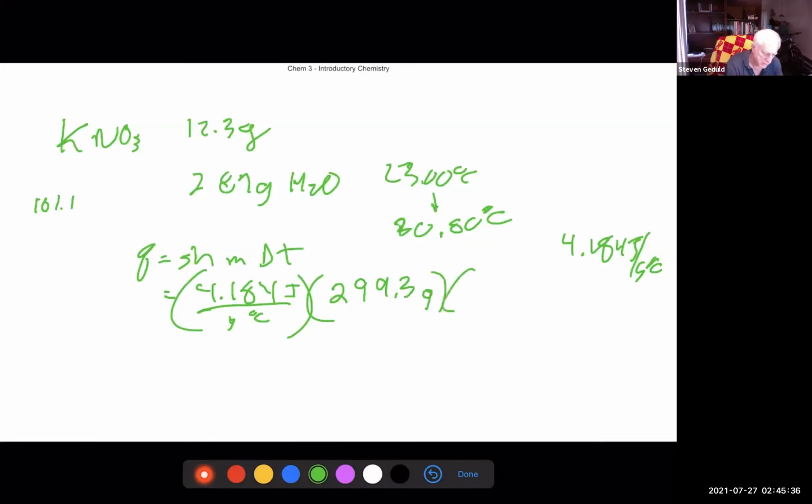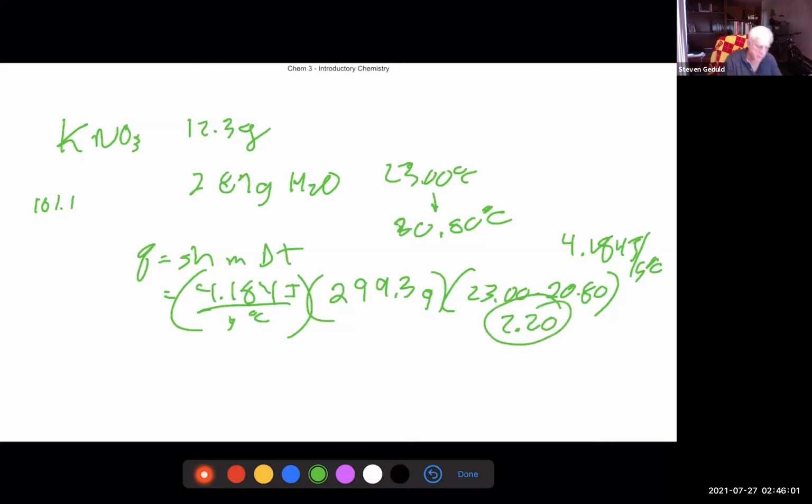And the change in temperature went from 23 to 20.8, right? I'll try to read it off the phone. So your change in temperature is 23 minus 20.8, which comes out to 2.2.